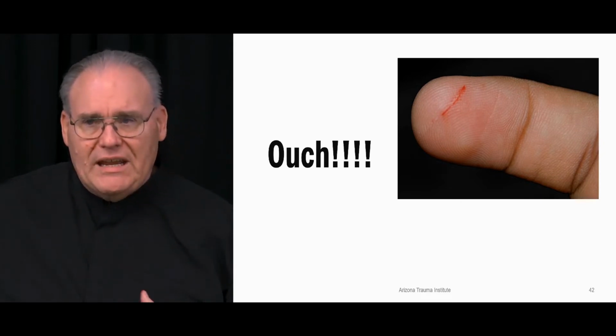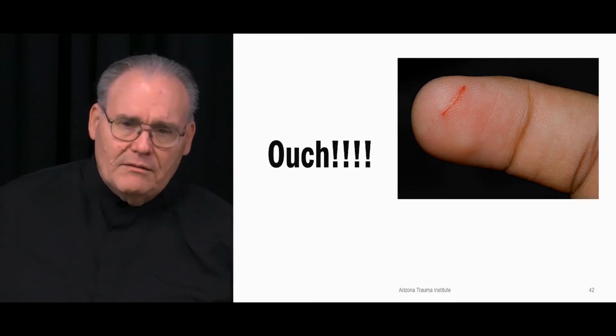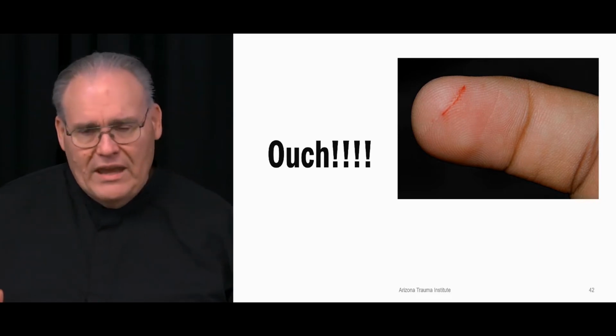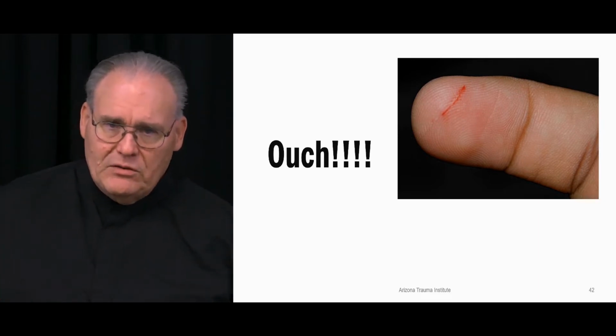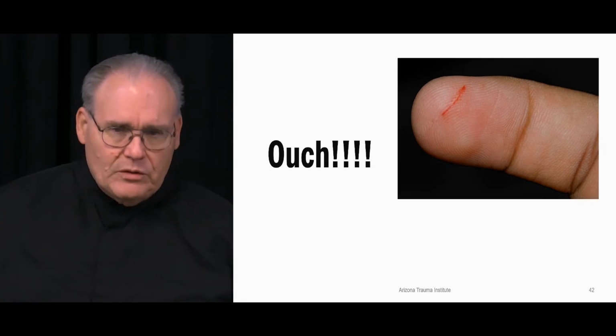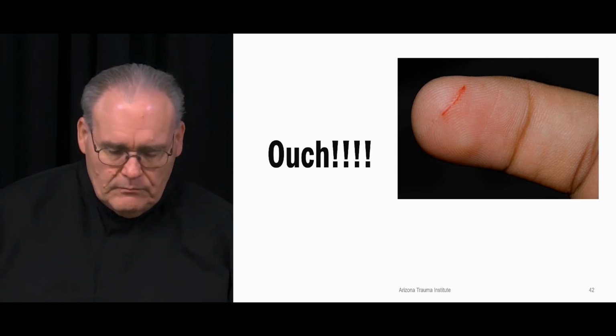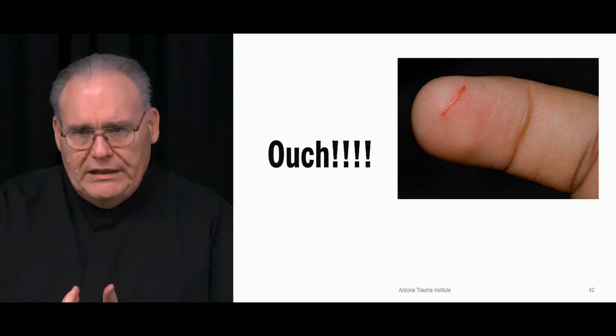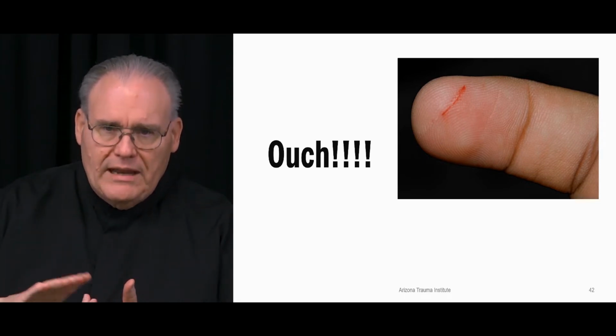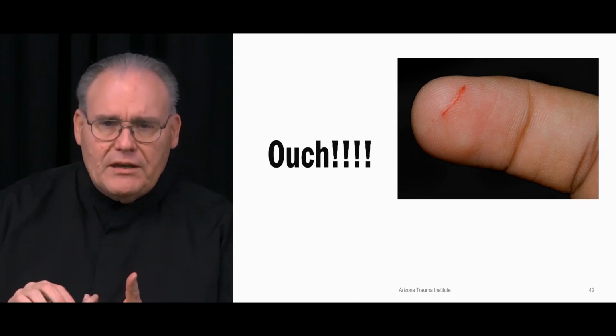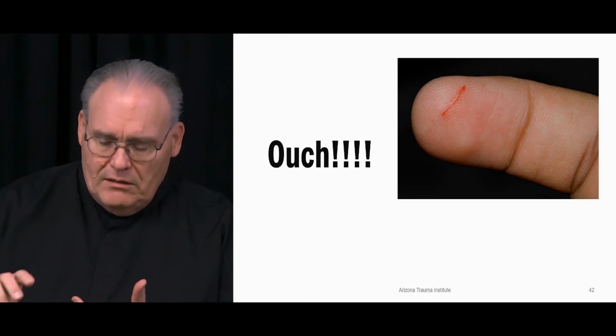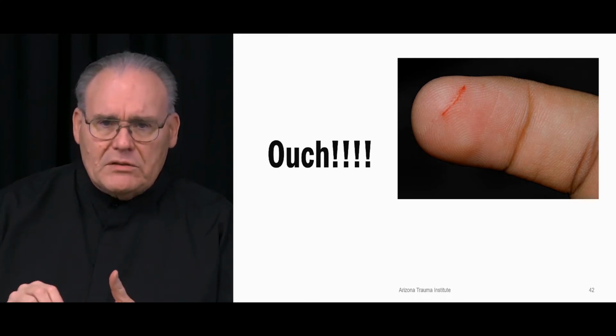The body goes through a natural process of healing that is an adaptation. It's adapting to the wound, and it's dealing with that situation. So what happens? You bleed. An hour or so later, it's more tender than it was when you first did it. It may be a little swollen.